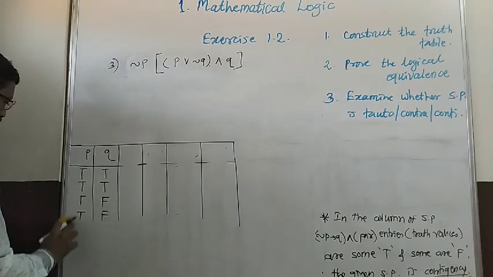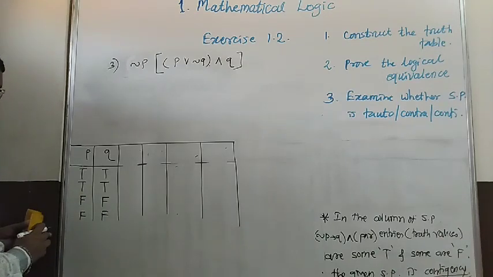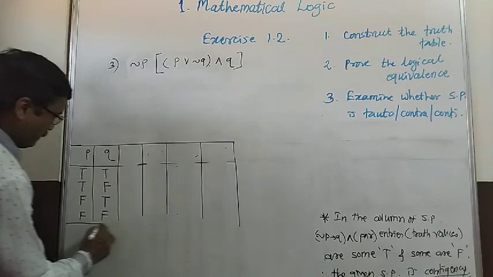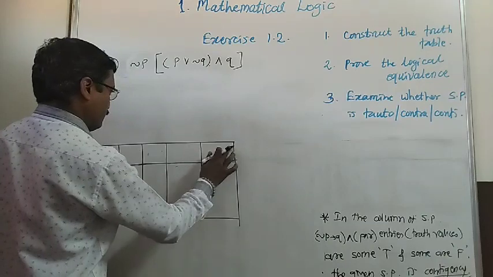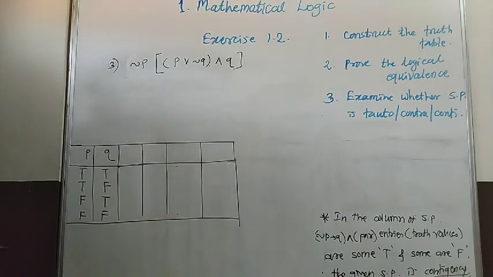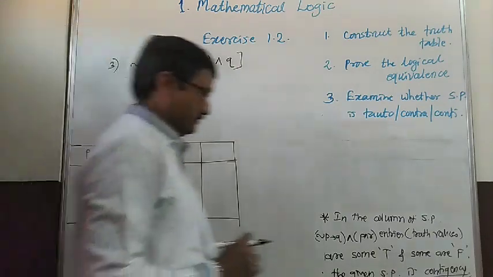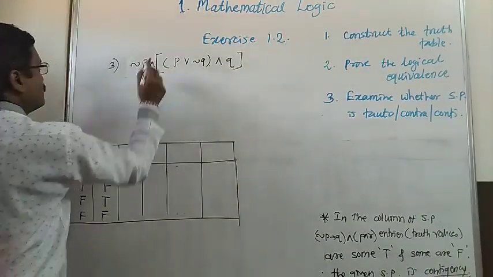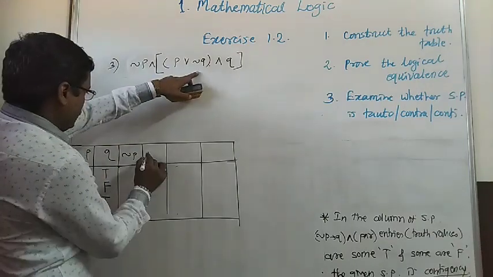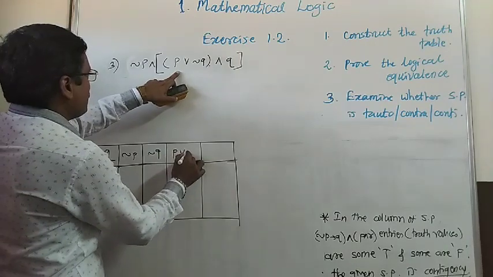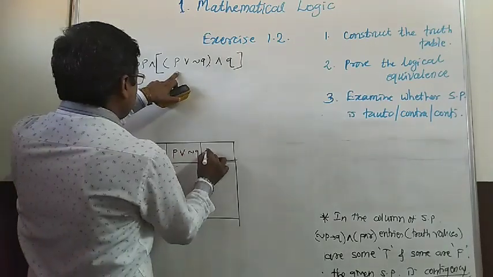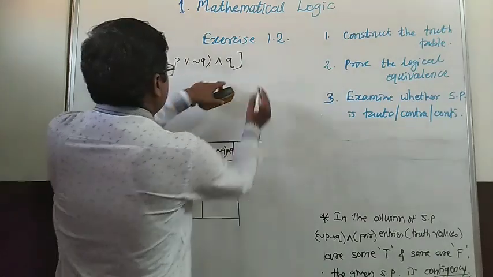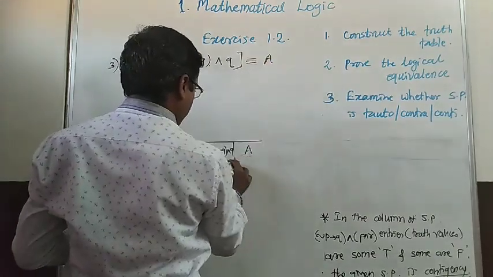So it has truth values T, T, F, F and T, F, T, F. Second, negation P and negation Q, after that P or negation Q, then P or negation Q and Q. In last column, we will call this statement pattern as A.